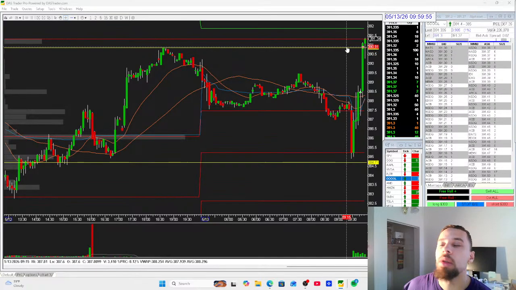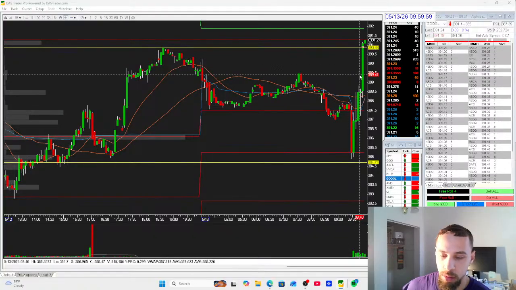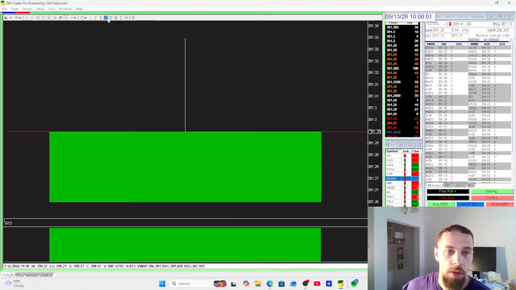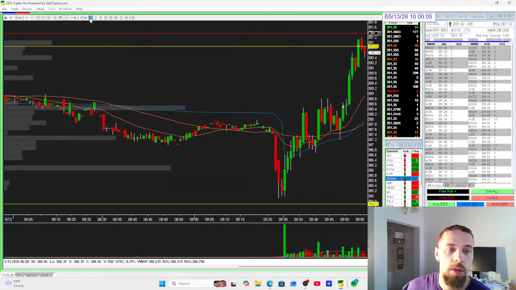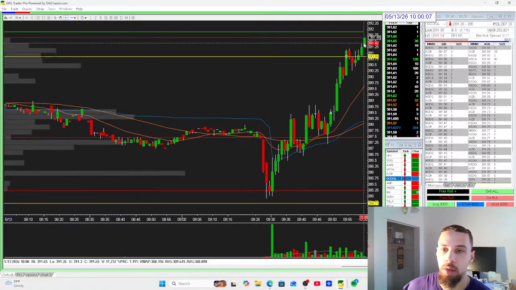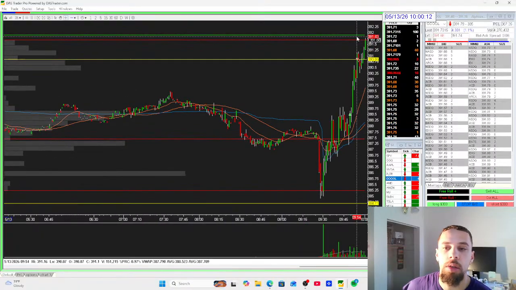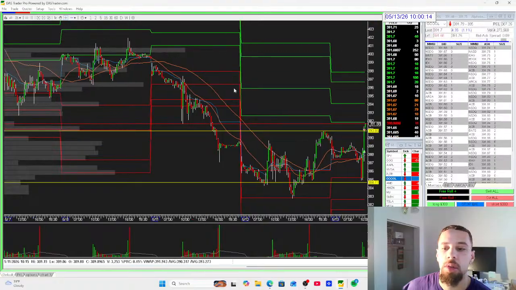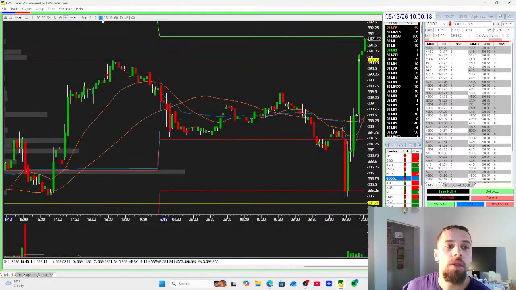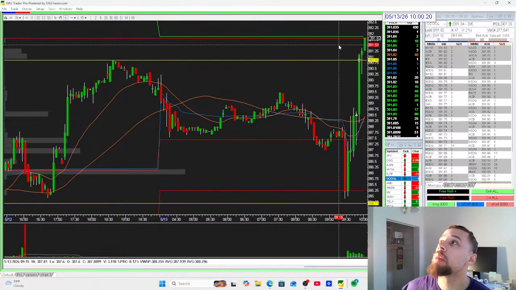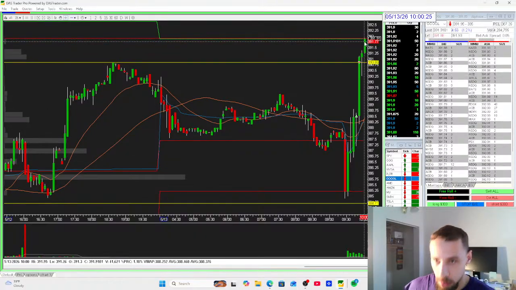Looks like Google's just going to keep pumping here. Doesn't want to go down. Look at that. It looks like it's going to test this R3 pivot point. So it's definitely an area where I feel like it might have some resistance, getting really extended here.